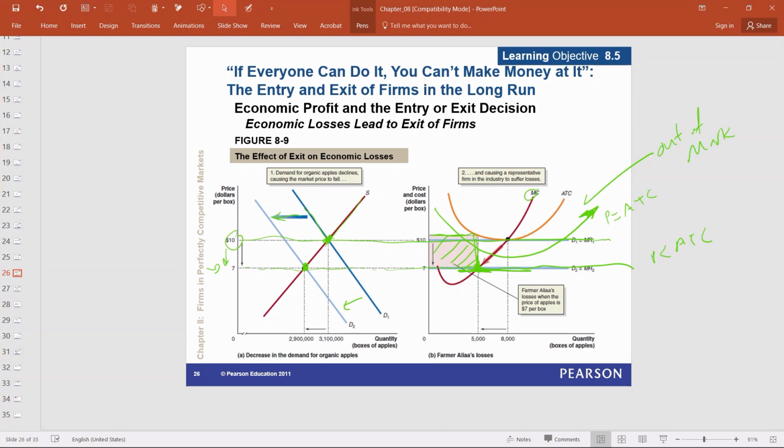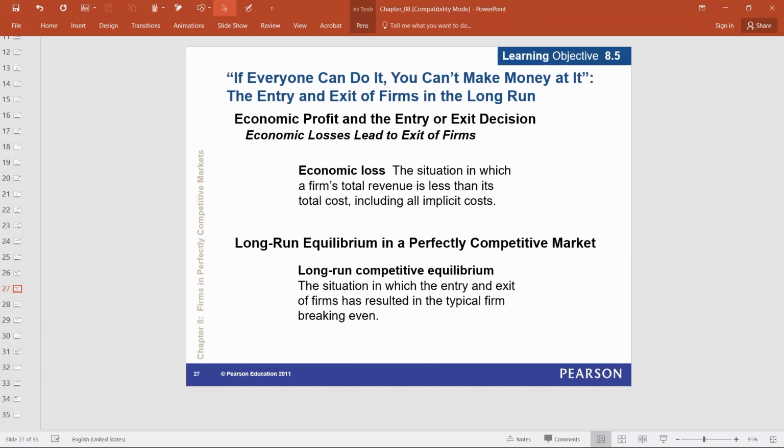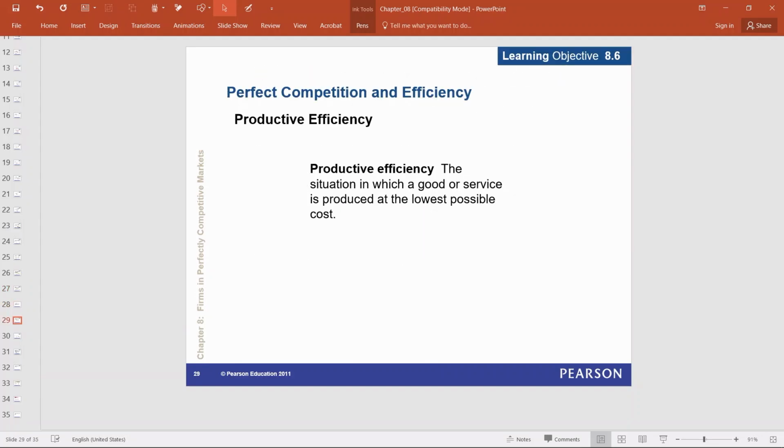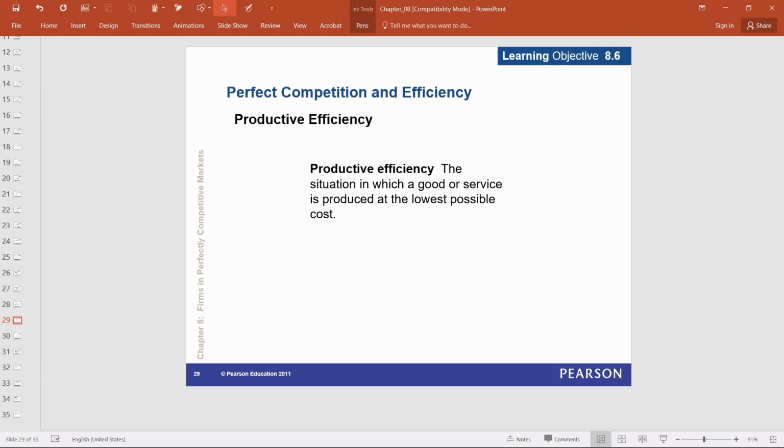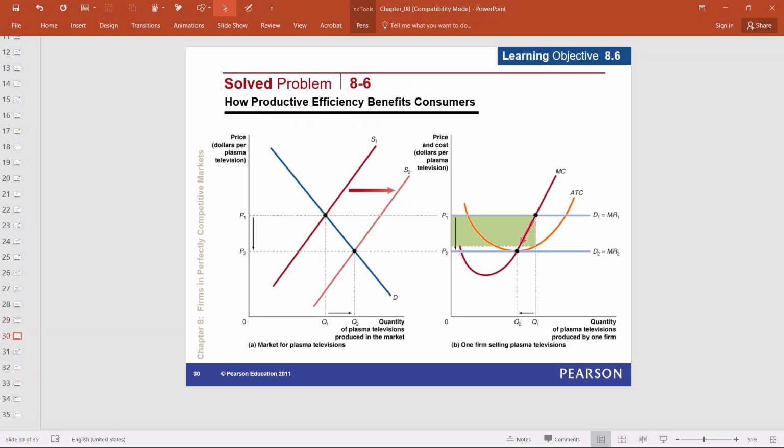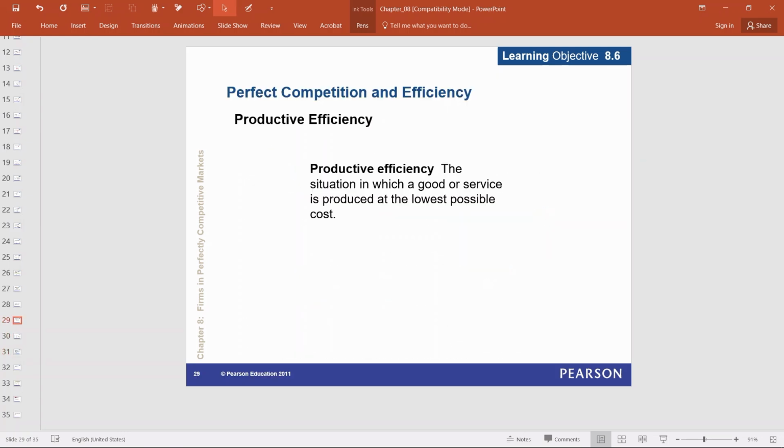Okay, the last thing we need to talk about is some concepts: the difference between productive efficiency and allocative efficiency. Productive efficiency exists when production in the market is at the lowest possible cost.